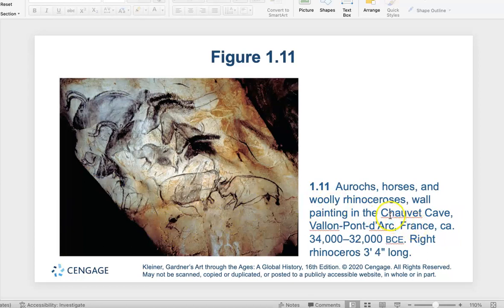Then this is the last one. Again, another cave in France, the Chauvet Cave. Oryx, horses, and woolly rhinoceroses. Wall painting in the Chauvet Cave, Vallon-Pont d'Arc, France, 34,000 or 32,000. Again, some of these are pretty darn good drawings, I must say.